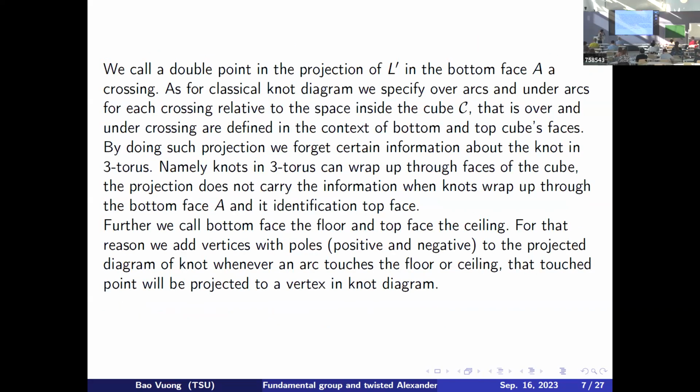And yes, by doing so, we forget some information of the knot when it goes across the S1 circle of the torus, because we consider the two-dimensional torus crossed with S1, a circle, and we project it along the circle, and it will lose the information about when the knot goes along the S1 of the three-dimensional torus.